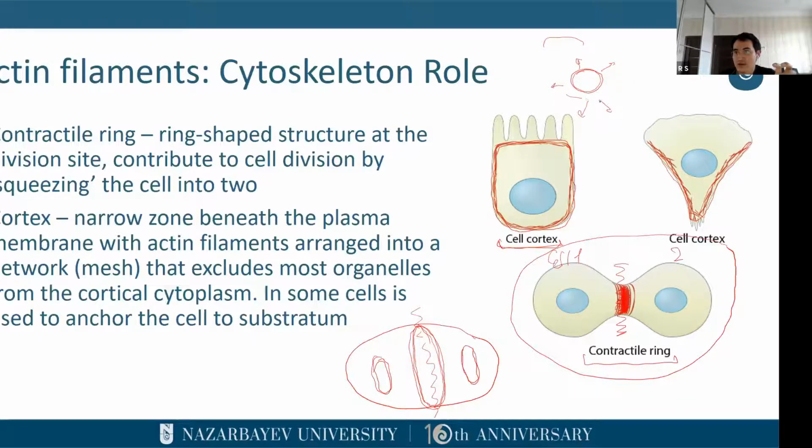And finally, we have just a spill, okay? In this case, this cell will maintain its shape, and this cell also will maintain its shape. Even if some part of it wants to protrude or extend to this direction, this carcass will not let it do that, and you will have just a constant shape of the cell. So this will not happen, and the cell shape will stay the same.